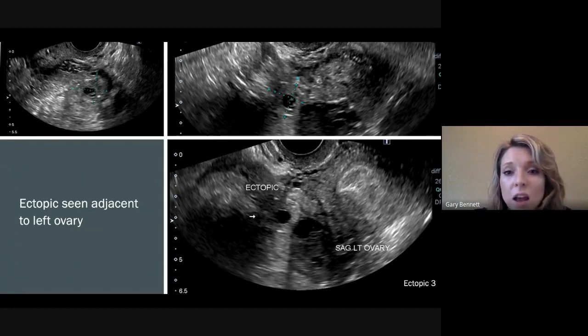So these are all signs that there's probably an ectopic in there. And you kind of have to dig for a while and really learn the landscape and make sure that there's no areas like this that honestly look like bowel and could be easily mistaken for bowel if you don't take the time to thoroughly evaluate it.